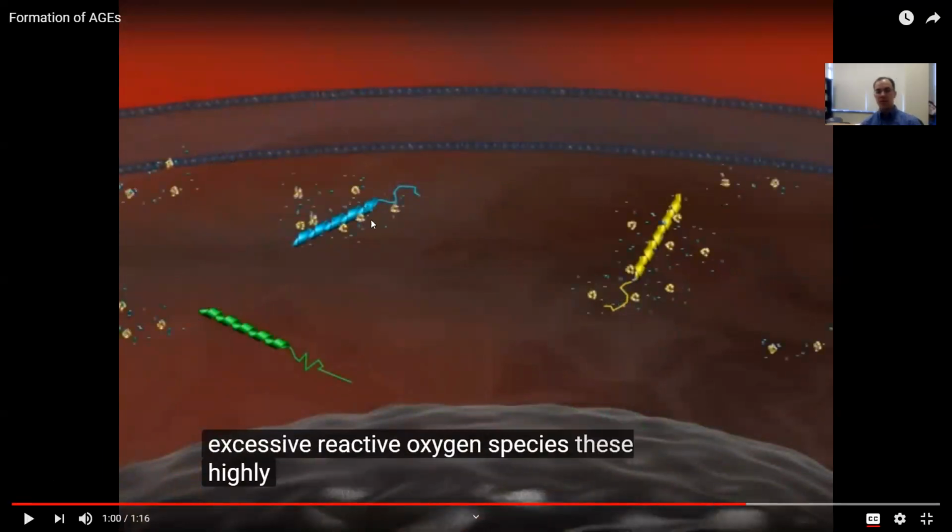So what's happening here is that you now have these free radicals or the reactive oxygen species, which again is just a hyperactive oxygen molecule that is coming in and it's starting to facilitate the binding of this protein and this glucose together. And also the reactive oxygen species themselves can cause damage.